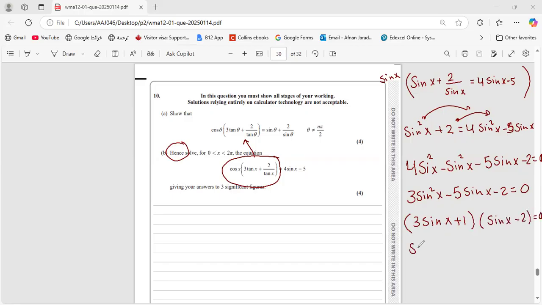So sine x equals negative 1 over 3, and sine x equals 2. This one is rejected because the values of sine are from negative 1 to 1. So sine x equals 2 is rejected. Take sine x equals negative 1 over 3, the question to solve.